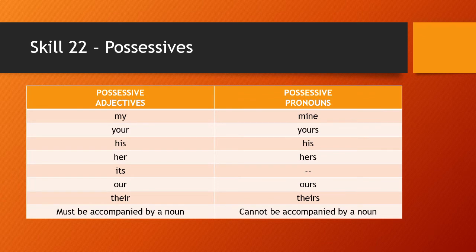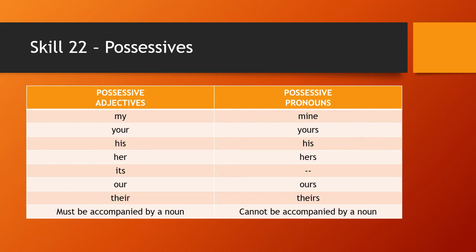Let's take a look at some possessive adjectives and possessive pronouns and the difference between them. And remember, a possessive adjective must be accompanied by a noun, while possessive pronouns cannot be accompanied by a noun. So here are some possessive adjectives: my, your, his, her, its, our, and their.